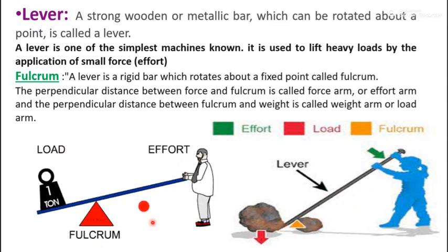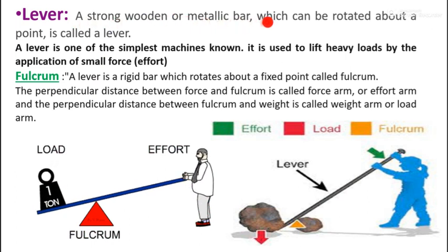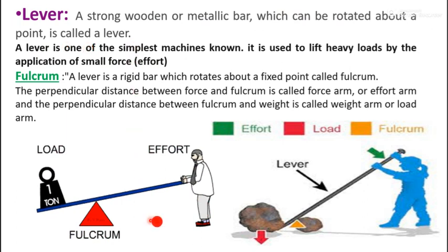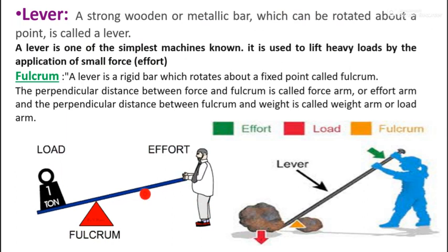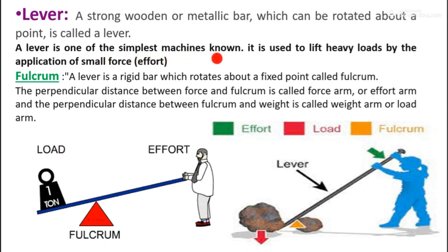Now, what is a lever? A strong wooden or metallic bar which can be rotated about a point is called a lever. A lever may be wood, a metallic bar, or other types of material. A lever is one of the simplest machines known.